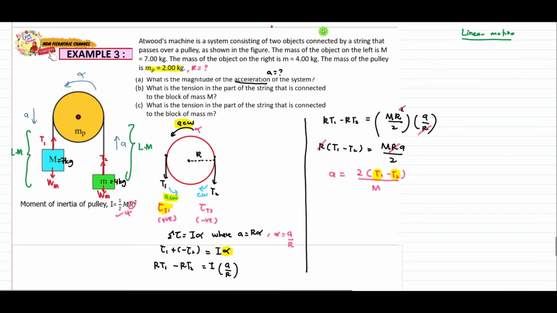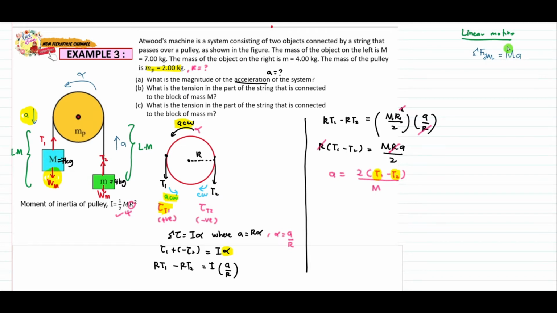So we focus on the capital M first. The motion is downward, which means that the direction of W is the same direction as A. Okay, so we can write our equation, total Fy for capital M is equal to MA.